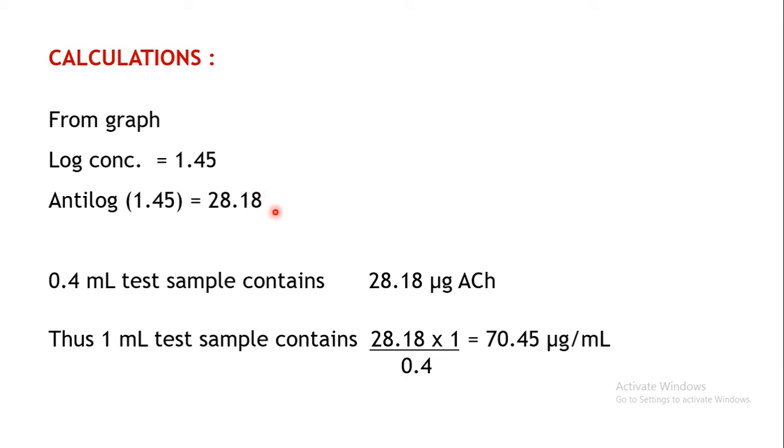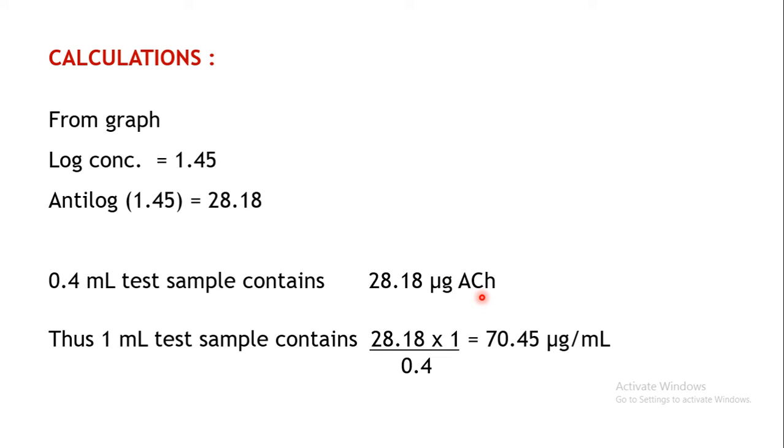This gives the exact concentration of acetylcholine in your unknown solution. But what is the dose of unknown sample which we have selected? It is 0.4 ml. So 0.4 ml of test sample contains 28.18 micrograms of ACH, that is acetylcholine.